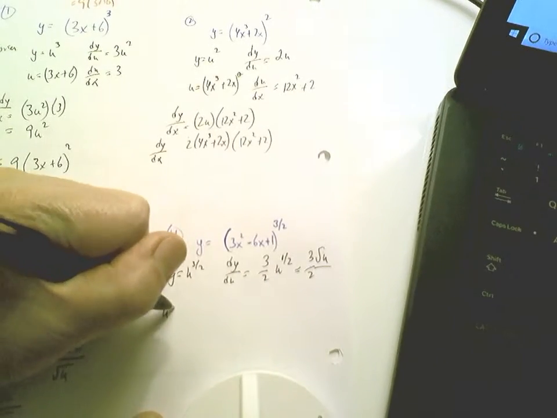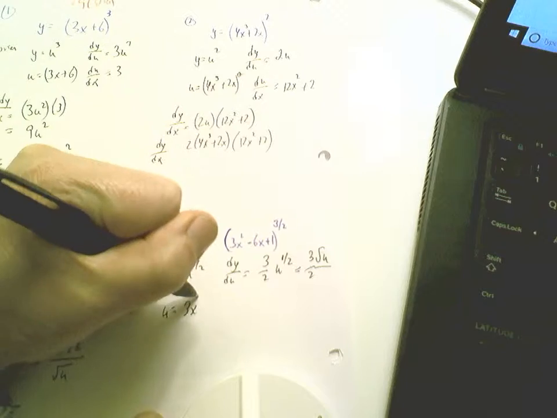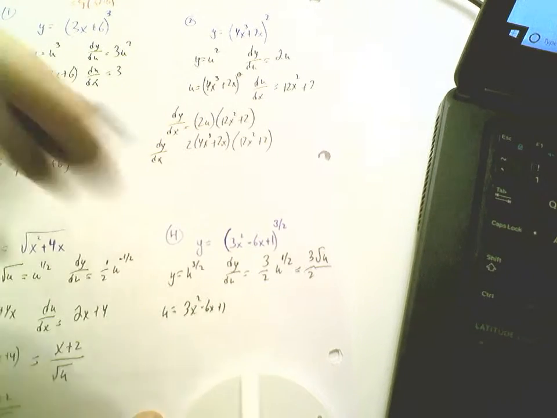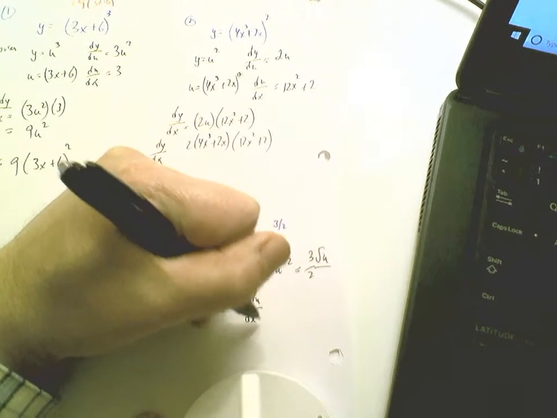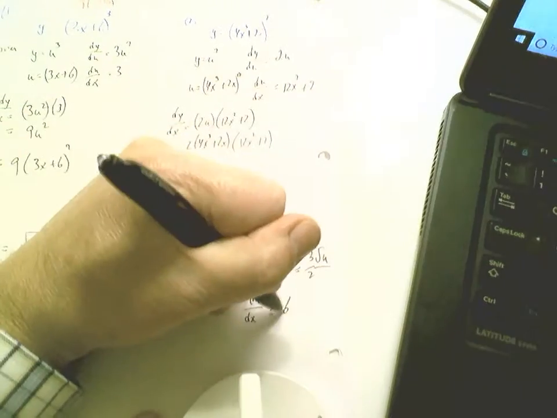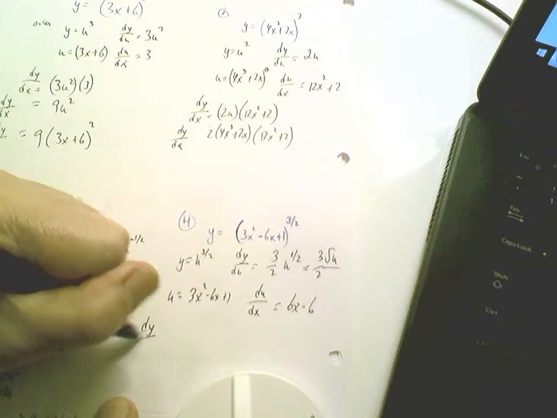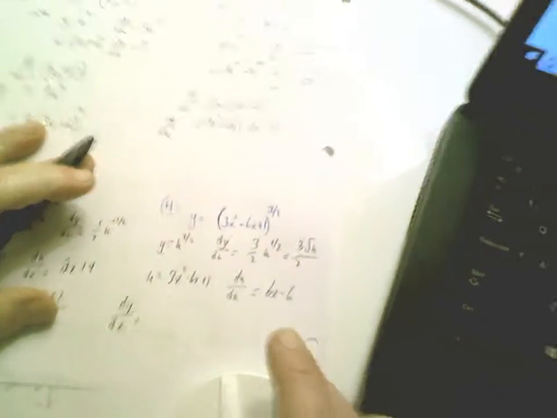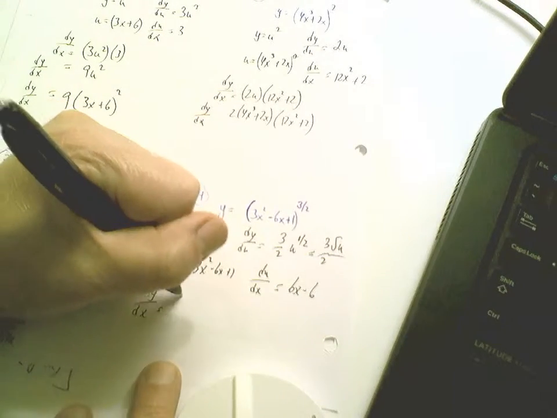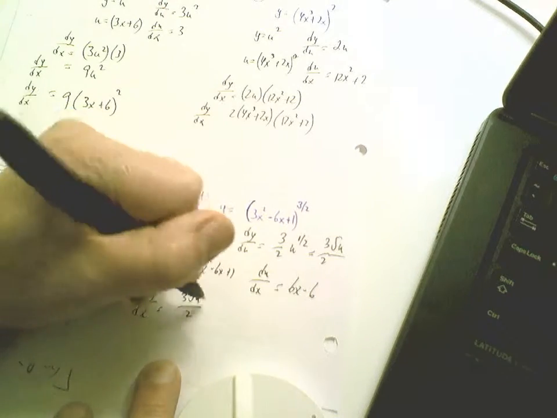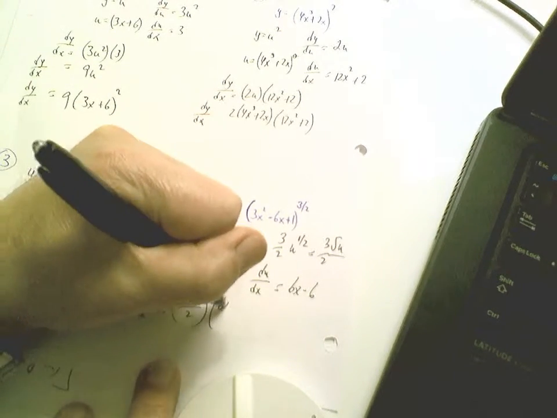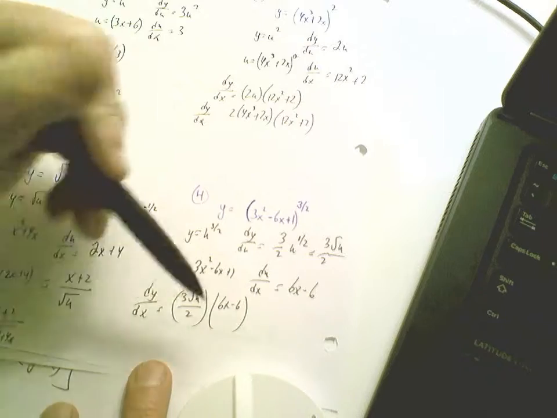U equals 3x squared minus 6x plus 1. Du dx equals, in this case, 6x minus 6. Dy dx equals 3 square root of u over 2 times 6x minus 6. The 2's, well, that'll be nice.